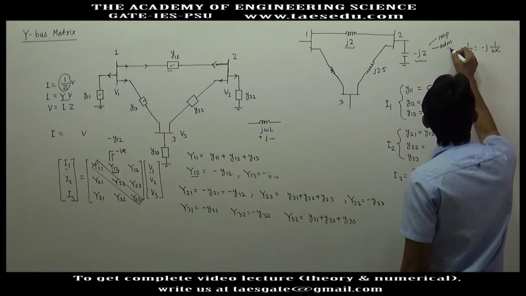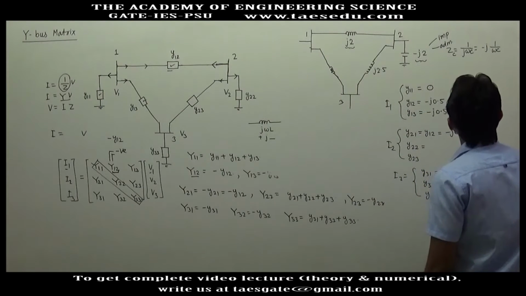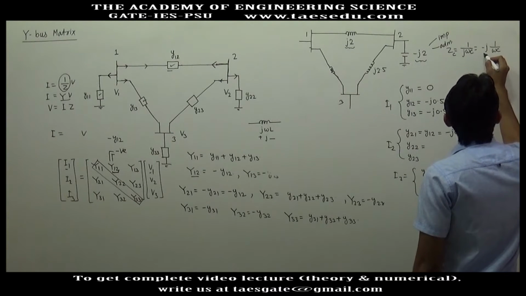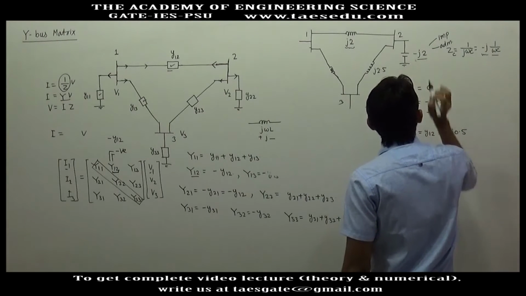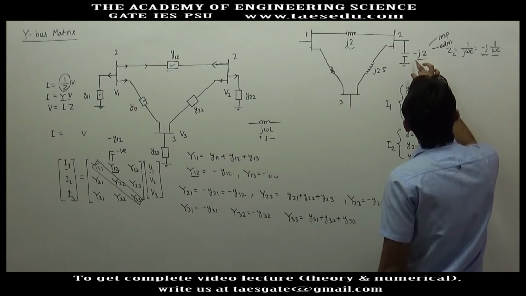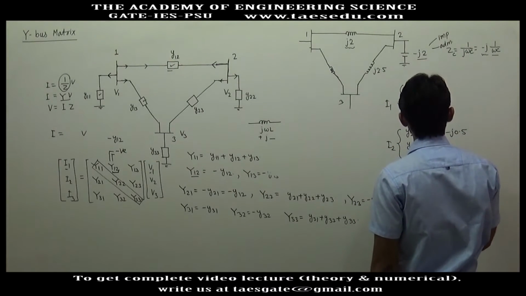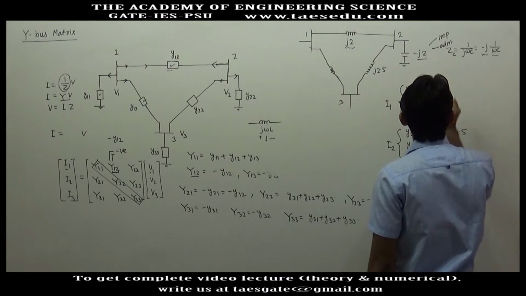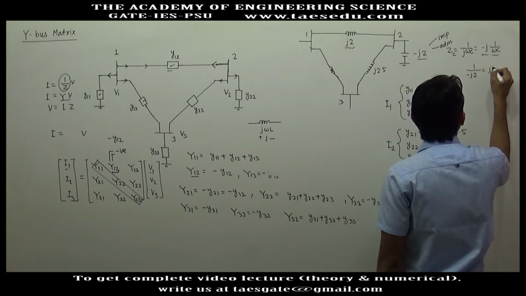This is nothing but the impedance of a capacitor. So for a capacitor, impedance will be a minus j quantity. So if minus j is given, this will be impedance, and y22 is admittance, so you need to take the inverse of it. So the inverse of 1 by minus j2 will be j 0.5.